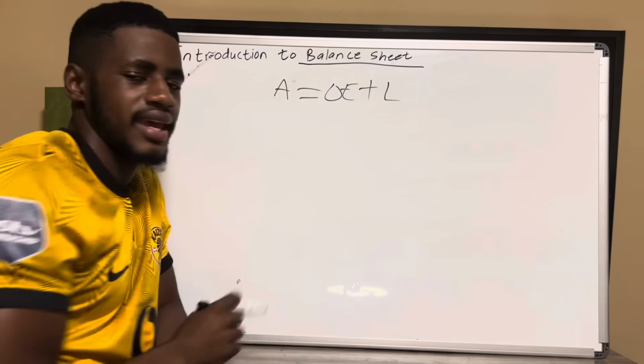So we'll be saying all costs, and we will be subtracting all depreciation. So if there's accumulated depreciation, we'll be subtracting it. If there's depreciation for this year, we'll be subtracting it. Minus all depreciation of our non-current assets.